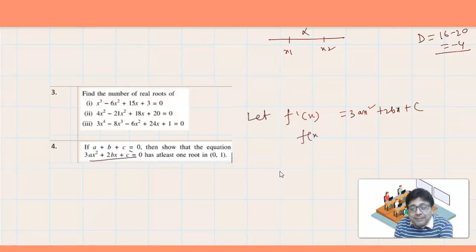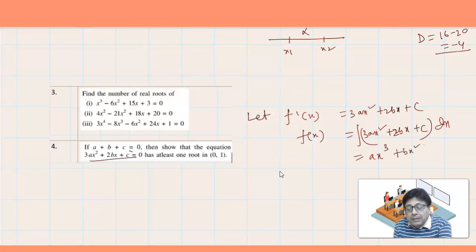Now f(x) can be obtained by integrating the expression on the right side. Integral of 3ax square plus 2bx plus c dx. If we integrate, 3ax cube by 3, so write in the beginning ax cube plus bx square plus cx, and after integration there will be a constant d.